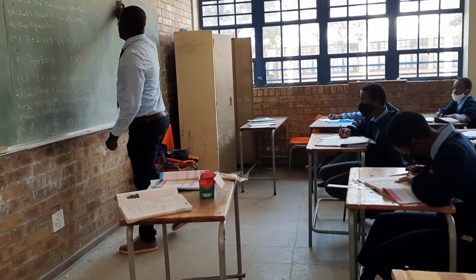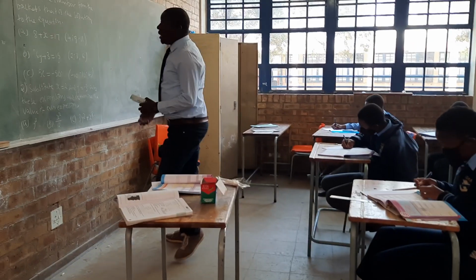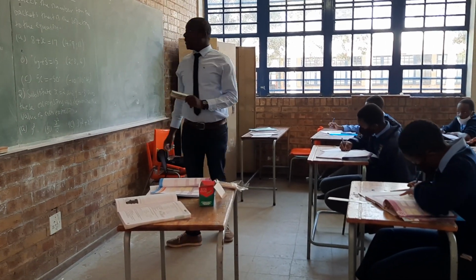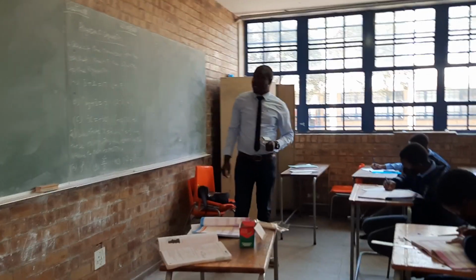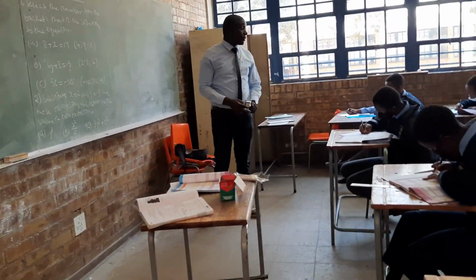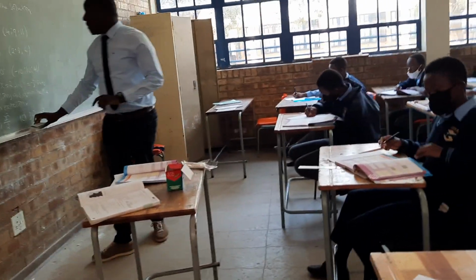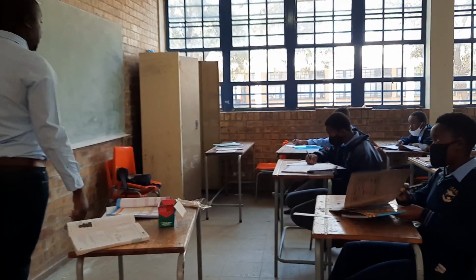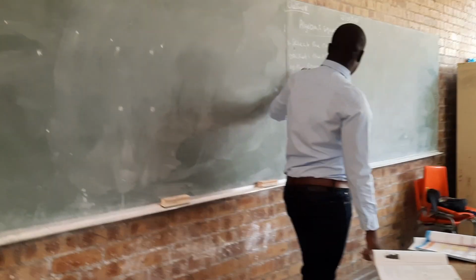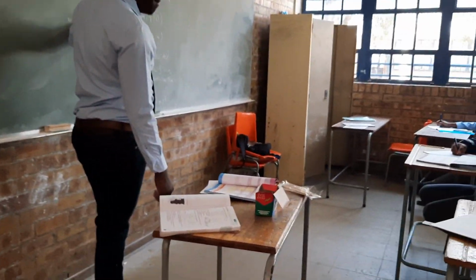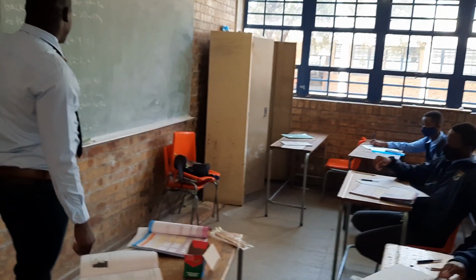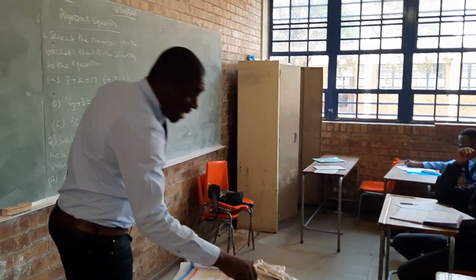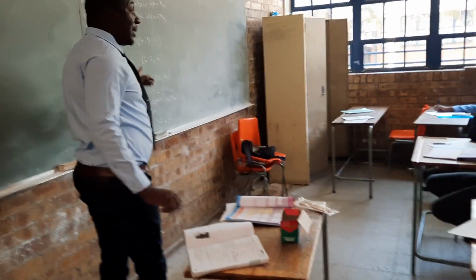On the classwork, it says select the number from the bracket that is the solution to the equation. Remember, the number that you select must make the equation true. For example, 8 add a number that is unknown to give us 17. What is the number that when you add 8, it gives us 17?